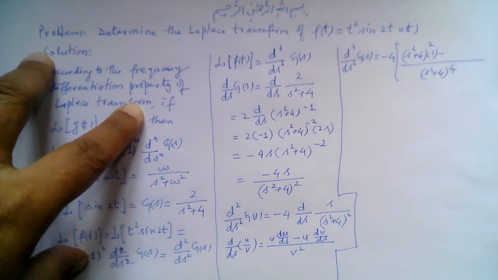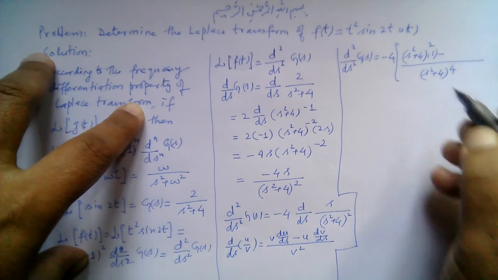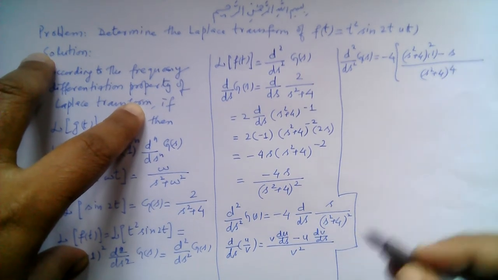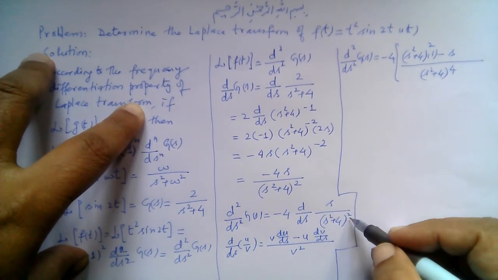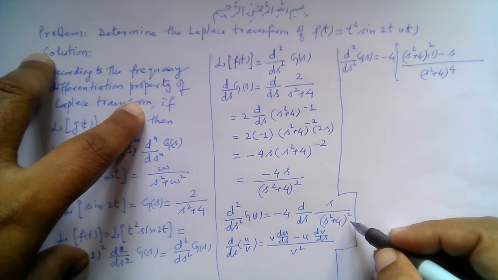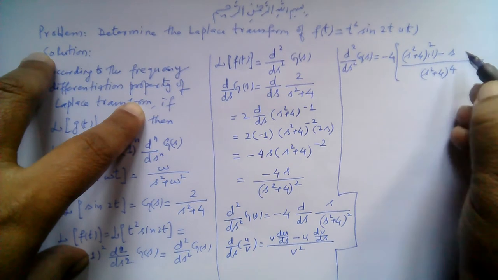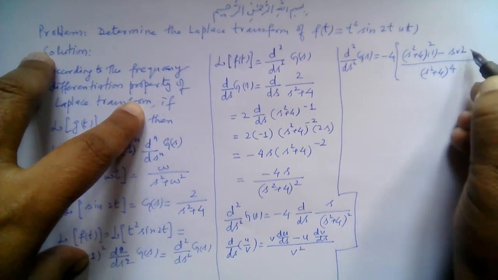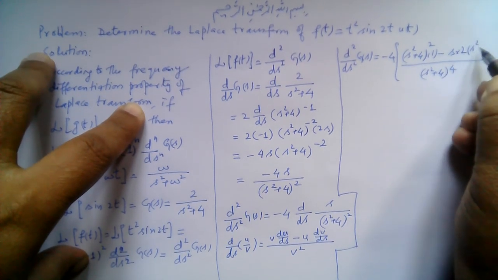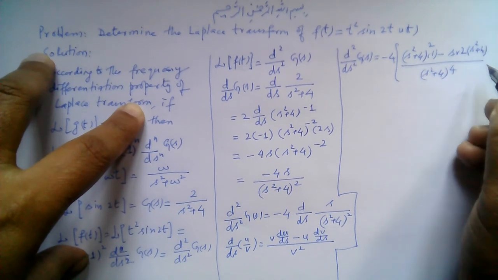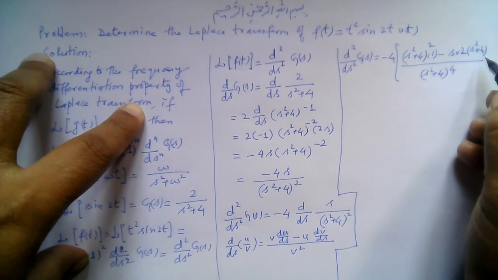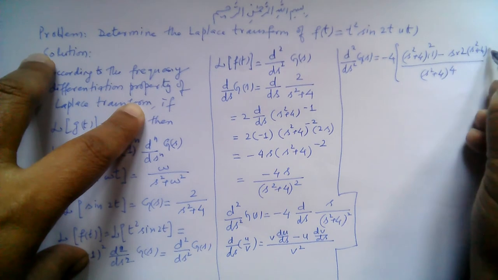And then minus the numerator s term here times the derivative of the denominator term, so this will be 2 into (s² + 4) into 2s, right?